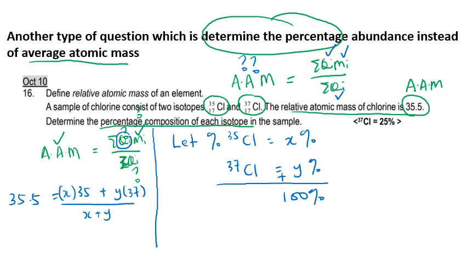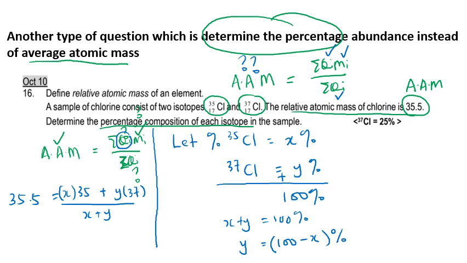So we have to change either X or Y to another form. As we know, X plus Y is equal to 100%, so Y equals 100 minus X. Then we put it in brackets as a percentage.